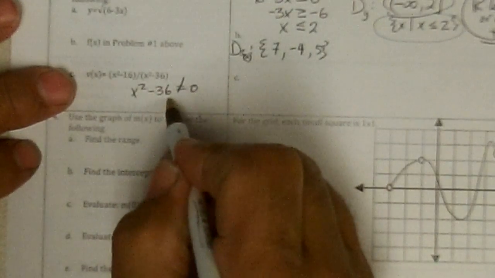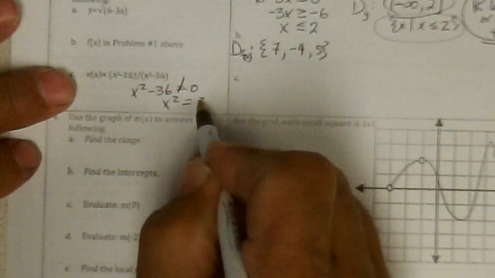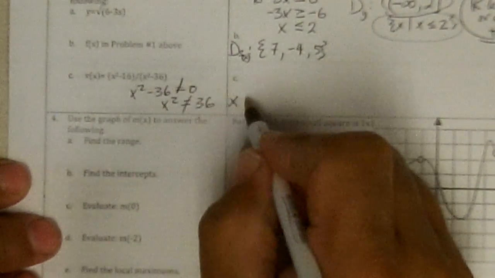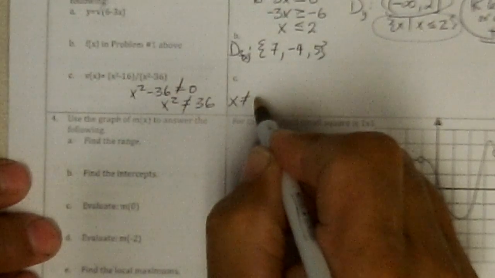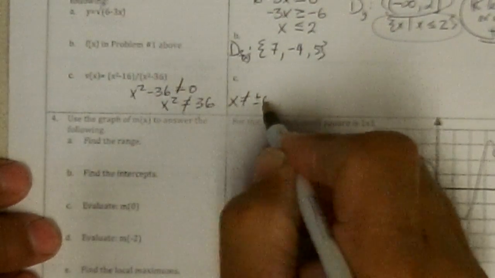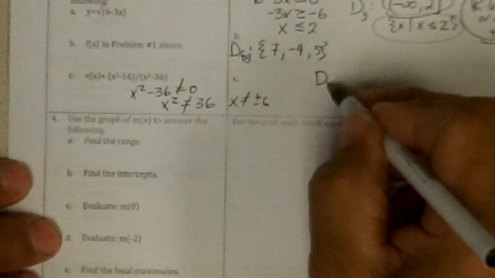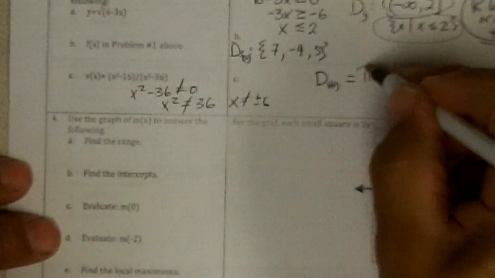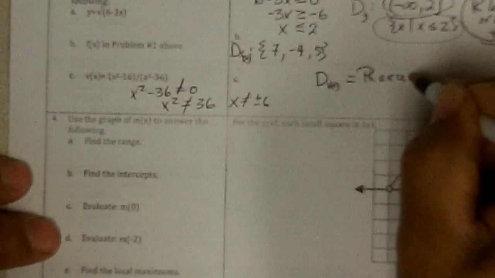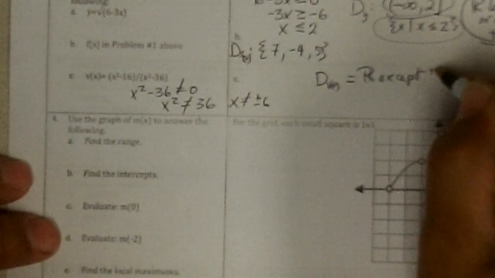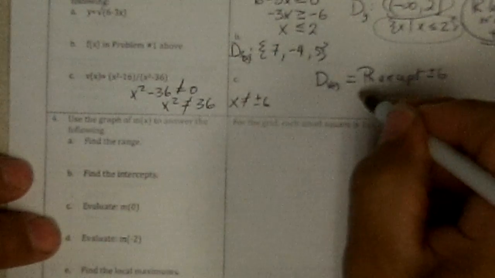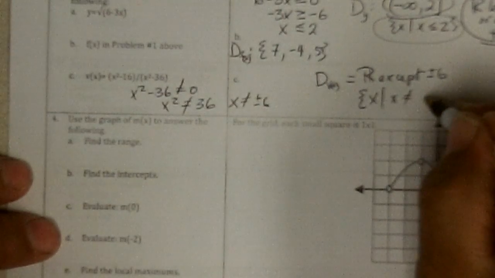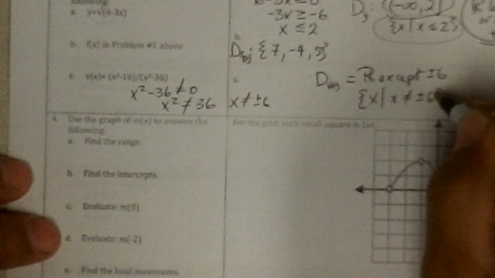So if I add 36 to both sides, I don't want x squared to equal 36, which means I don't want x to equal plus or minus 6. So the domain of v of x is all reals except plus or minus 6.